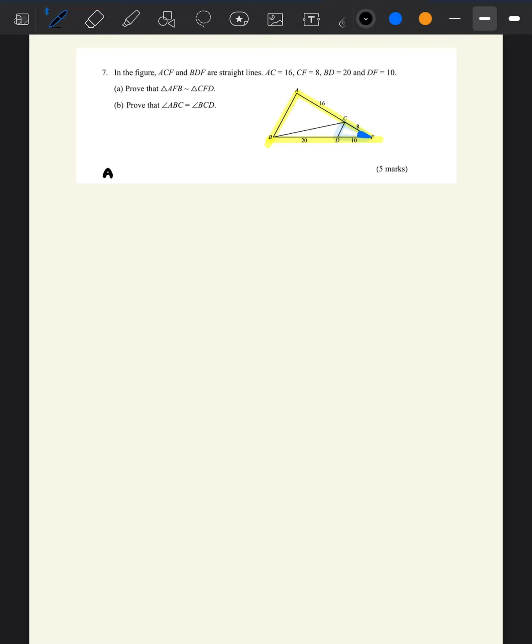Again, the lengths are not equal to each other, but we're talking about the ratio of the lengths. Look at AF. A lot of you, when you look at AF, say it's 16, but AF is not 16, it's 16 plus 8, right? And CF is 8, so therefore the ratio is 3.